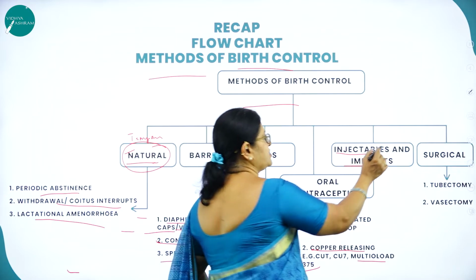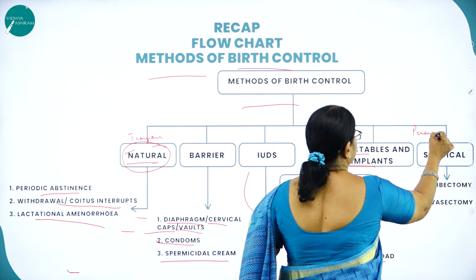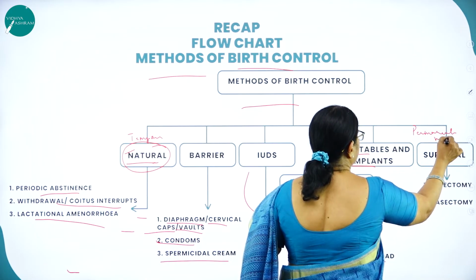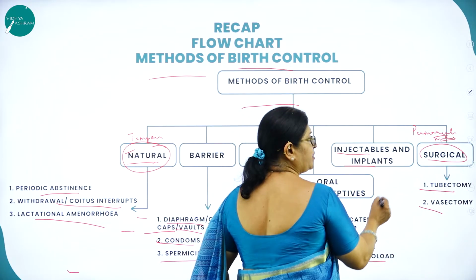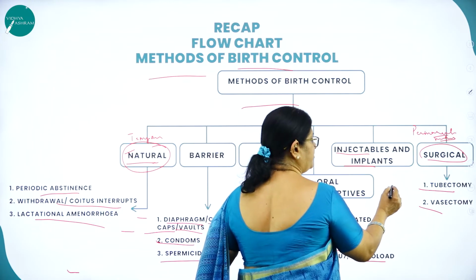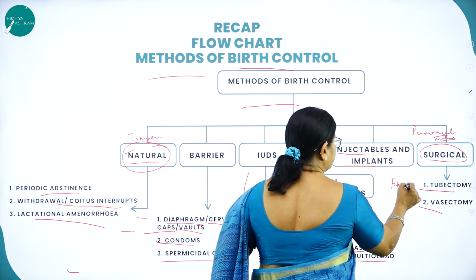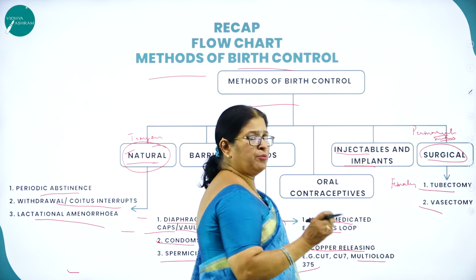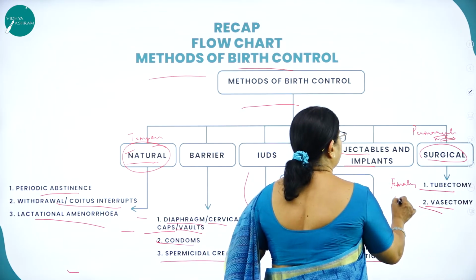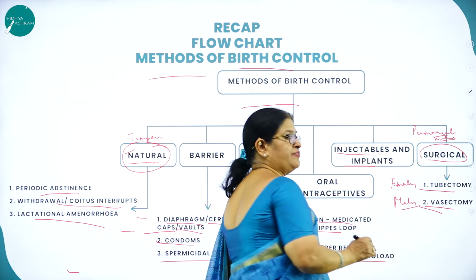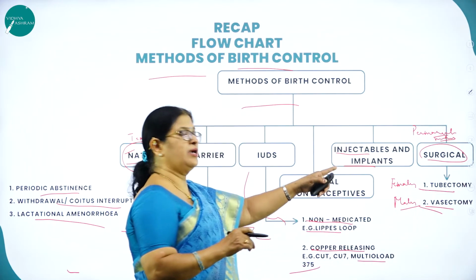When we come to the permanent methods, these are surgical methods like tubectomy. Tubectomy is a surgical, permanent method done in females, where the fallopian tube is cut and tied. Whereas in vasectomy, which is done in males, the vas deferens is cut and tied. So they are called permanent methods.